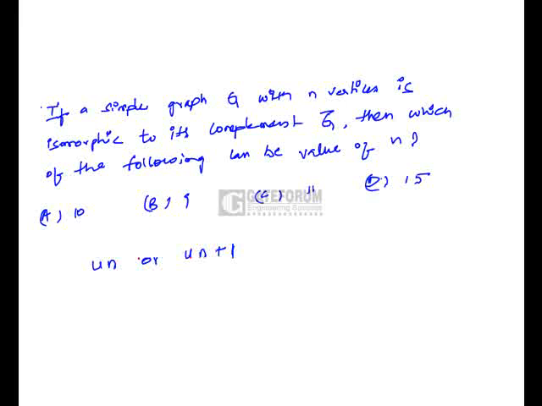So among the given options, 9 can be, option B, because the number of vertices can be either 4n or 4n plus 1. Only option B satisfies the condition, so option B is the correct option.